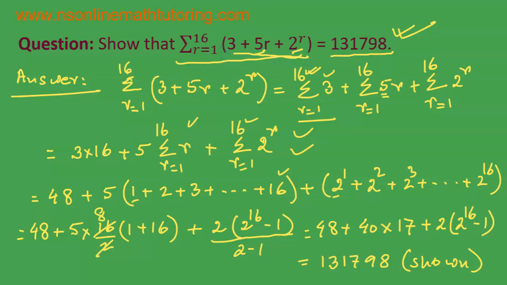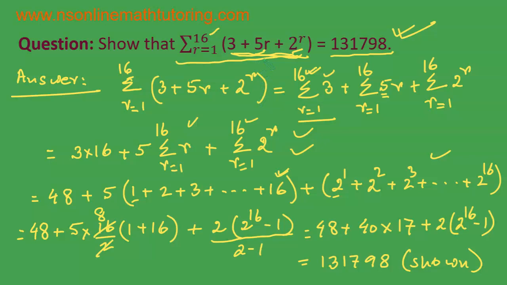Because r is ranging from 1 to 16, and had r ranged between 1 and say 100 or 200, do you think it is feasible to just plug in every value of r and get the value of the expression for every value of r and add them together? No, it is not. It is definitely better to apply the formula. Okay. So for that, we have to separate the terms.